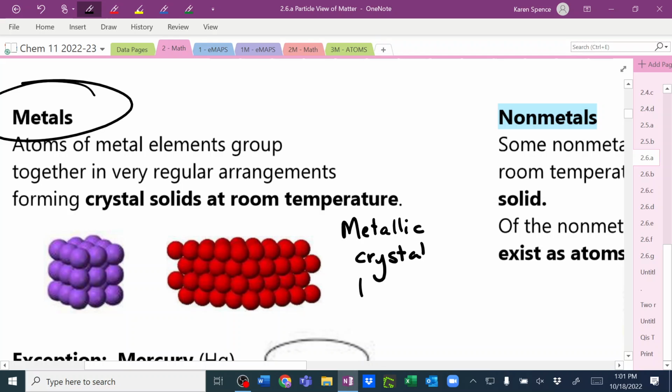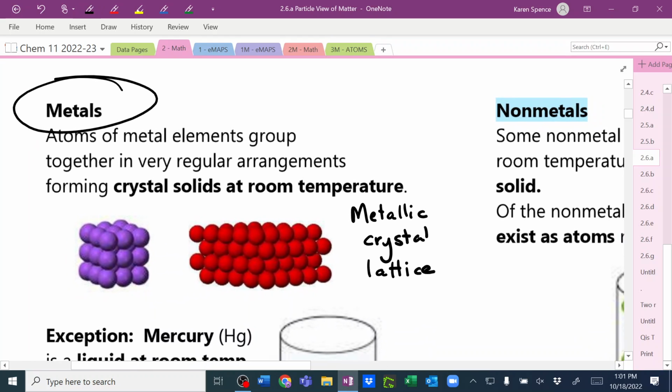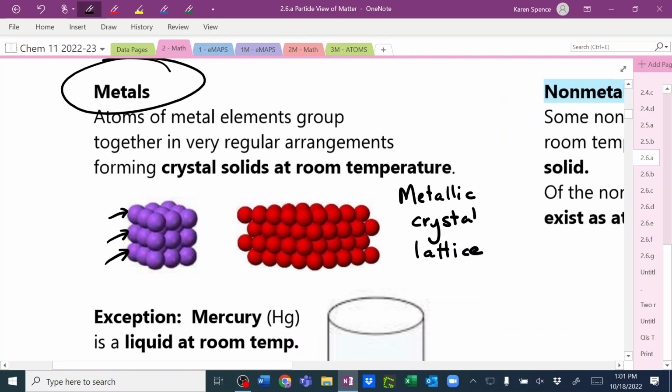Starts with an L. Lattice. But the difference is that in an ionic crystal lattice, you had alternating positive, negative ions. Instead of having alternating positive, negative ions, you just have neutral atom, neutral atom, neutral atom. They are all neutral atoms.